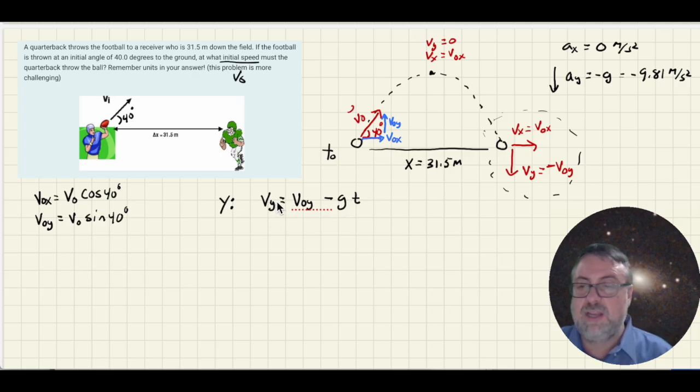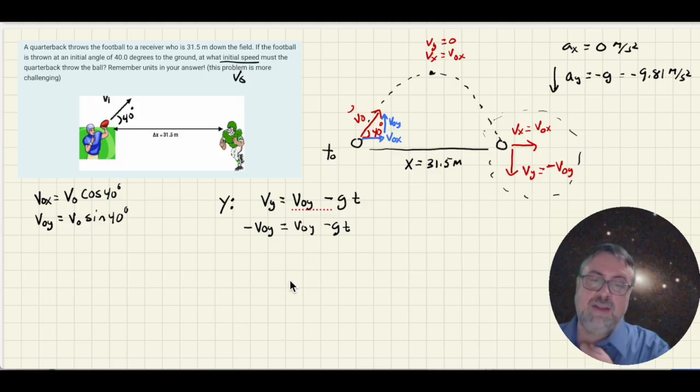Well, let's put in for Vy and V naught y. That means that minus V naught y is equal to V naught y minus g times t. Well, again, I know that the final velocity in the y direction is simply opposite of what it went up with, so I can write that. Well, I'm going to move the V naught y over to the other side.